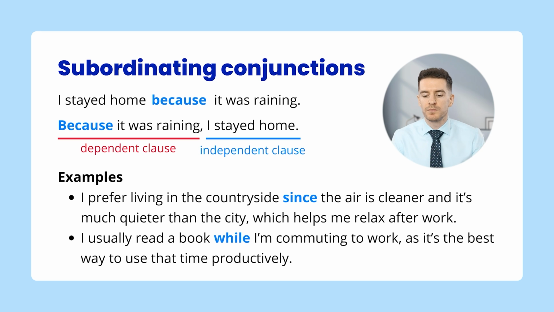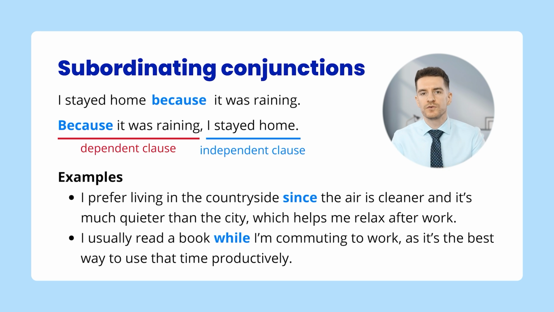I usually read a book while I'm commuting to work as it's the best way to use that time productively. Now, you note here with both of these sentences, after we've got to the subordinating conjunction, that's where the dependent clause is. So since the air is cleaner, that's a dependent clause.